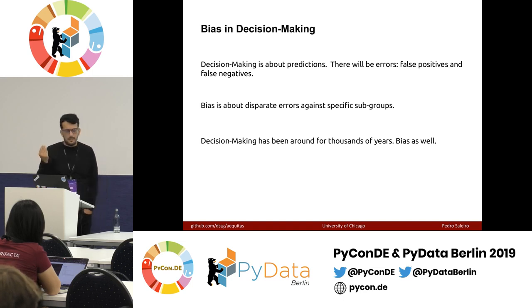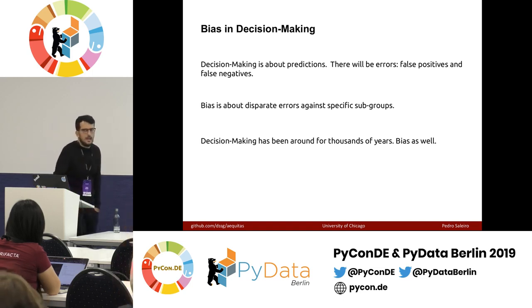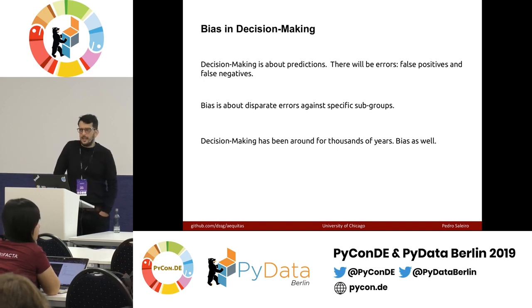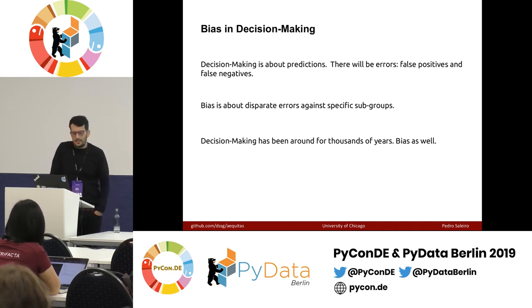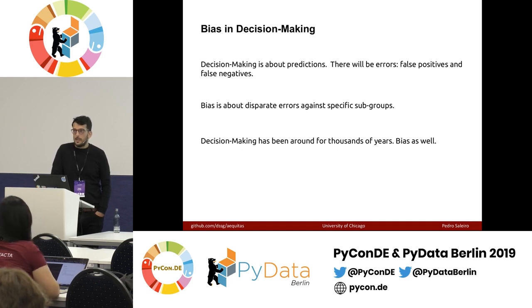And decision making has been around for thousands of years. And this is often interesting also in the generic and common talks about fairness. It seems like we are smart and we have all this knowledge and power and we know how to use these tools and we are building deep learning models and we are changing the world, we are so powerful, we need to be really cautious about the impact of what we are doing.